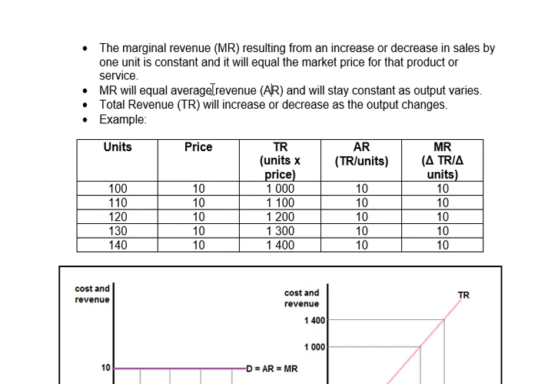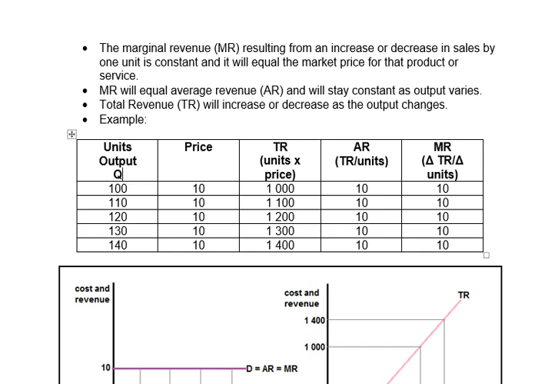My total revenue will increase or decrease as my output increases or decreases. So if we look at this example, the units is the quantity. This is your output, or my quantity.